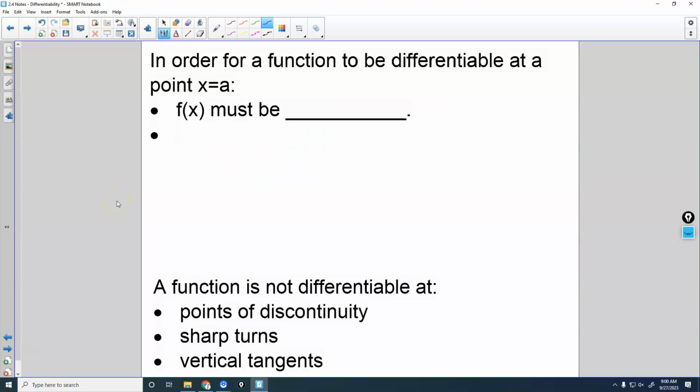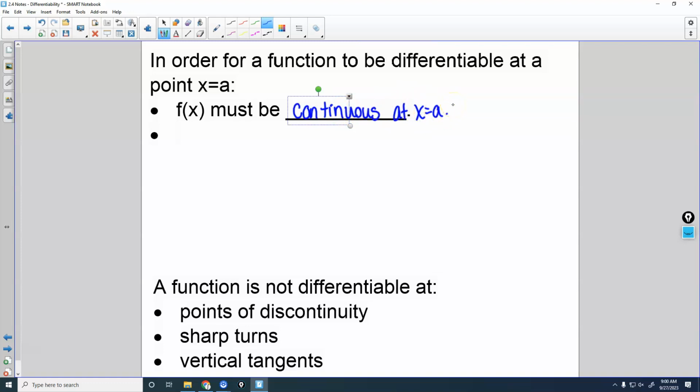All right. In order for a function to be differentiable at a point, first of all, f of x must be continuous at x equals a.